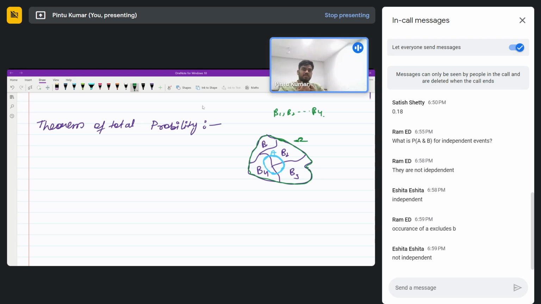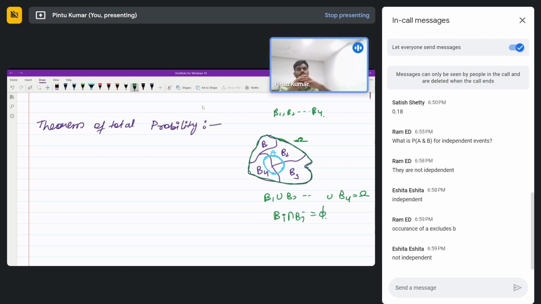What is meant by partition is that this breaks your set in such a way that B1 union B2 and so on till B4 makes your complete sample space, right? And the intersection of Bi with Bj is empty.